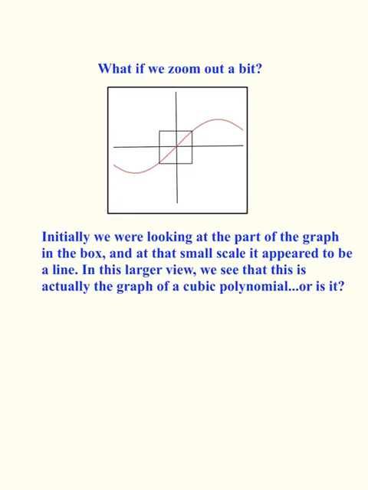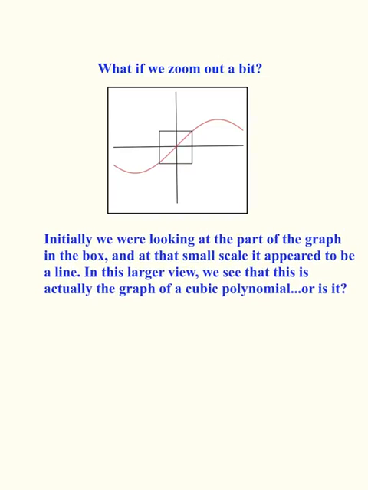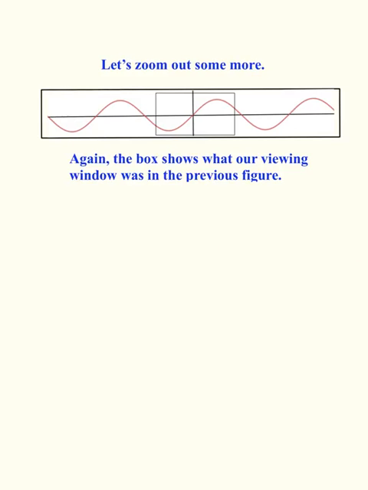Initially, we were looking at the part of the graph in the box, and at that small scale, it did appear that the graph was a line. In this larger view, you see that it's actually the graph of a cubic polynomial. Or is it? It could be some other kind of graph that behaves in this manner. All right, so let's go a little bit further with this.